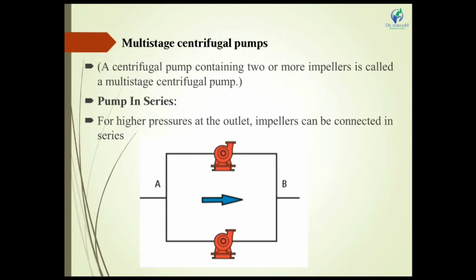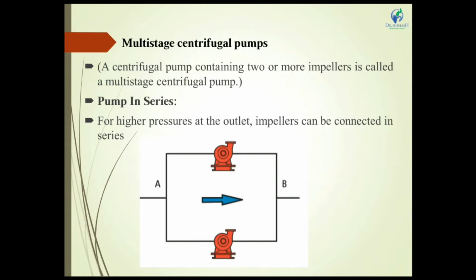Here you have to study the multi-stage centrifugal pump. Multi-stage centrifugal pumps have two types: pump in series and pump in parallel. A centrifugal pump containing two or more impellers is called a multi-stage centrifugal pump.